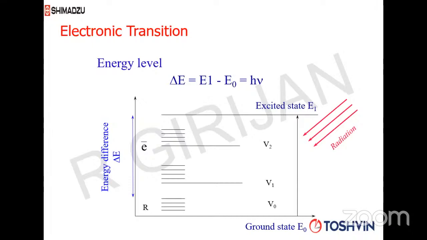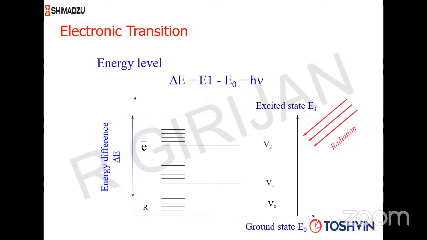Depending upon the type of molecule, and that's a very important statement, the molecule will absorb some quantity of energy from the incoming radiation, and the total energy will go to a higher level. That means from E0, it will go to E1. E1 is called the excited state of energy, and E0 is called the ground state of energy.